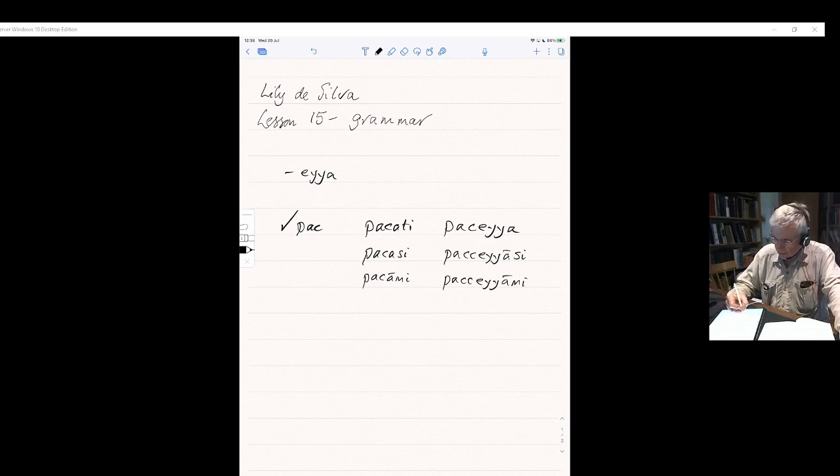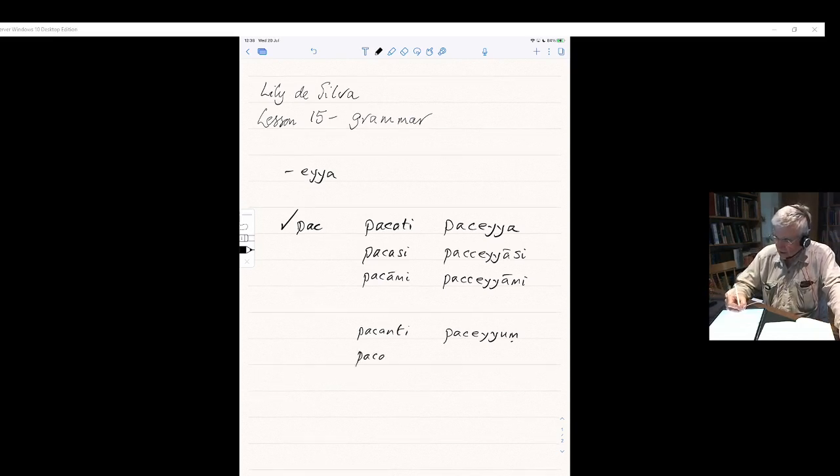In the plural, they cook, as you know, is pachanti. They might cook is pacheyum. Notice this ending there. It's not the anti ending. Pachanti, they cook. Pacheyum, they might cook. You cook, in the plural, is pachata.